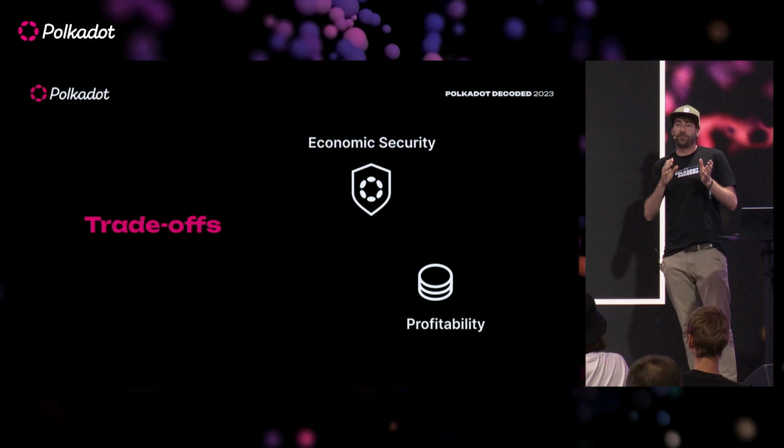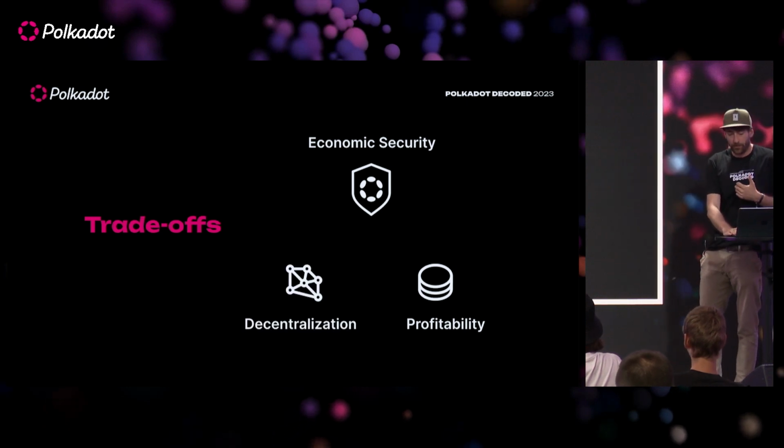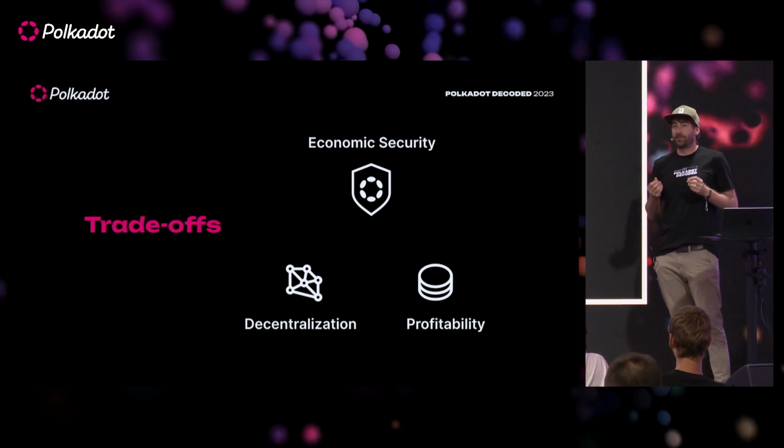But from the perspective of a nominator, of course, nominators also try to increase their payout, their staking rewards. And here we can already see some disalignment between the two dimensions, because for the profitability of the nominator, it is important to have the commission as low as possible. And then we can also define maybe a third dimension, which is the decentralization.